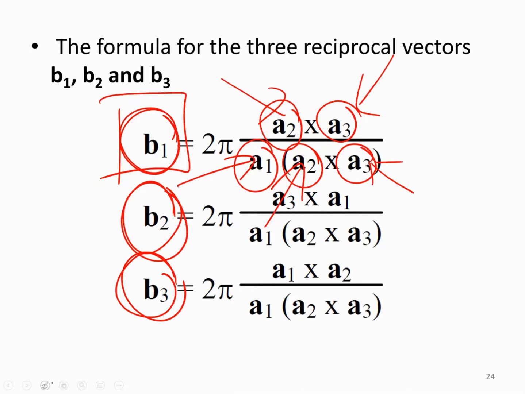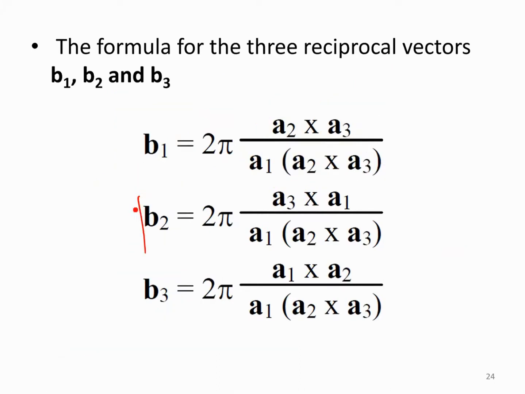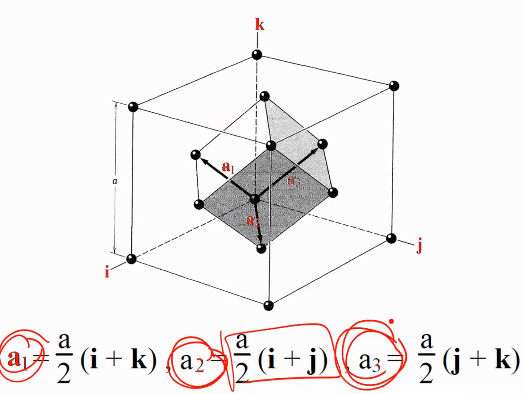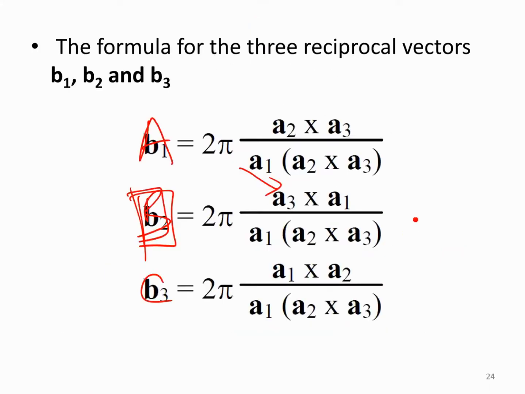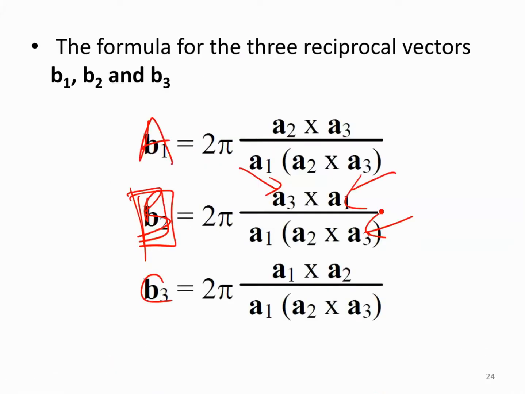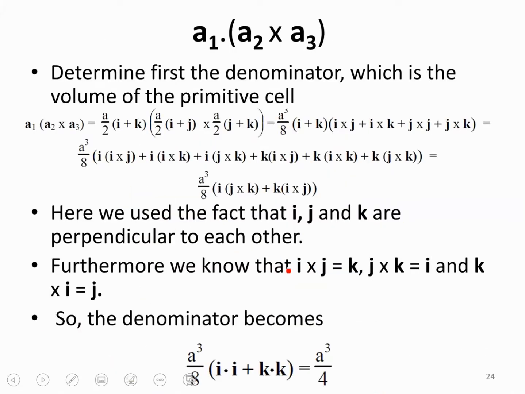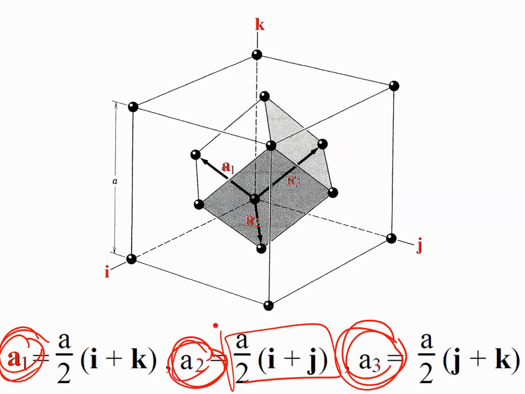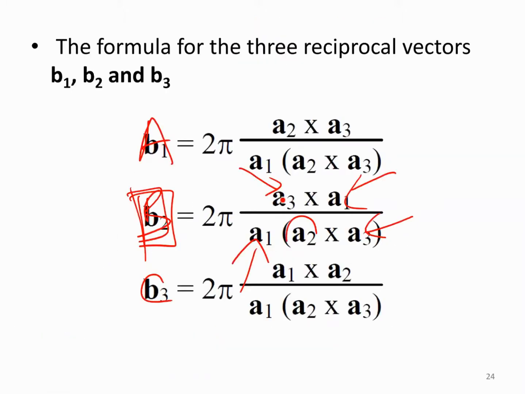Same thing applies to reciprocal b: you substitute a3 into here and here, then a1 into here and here, then a2 into here.